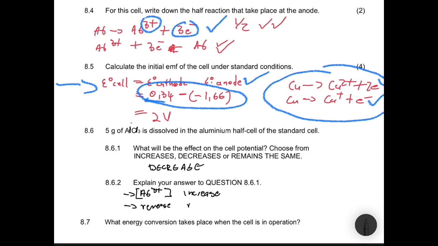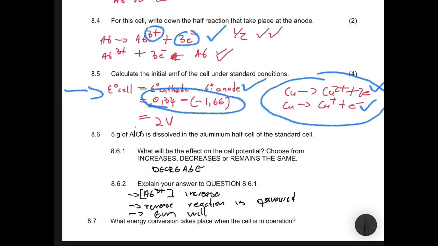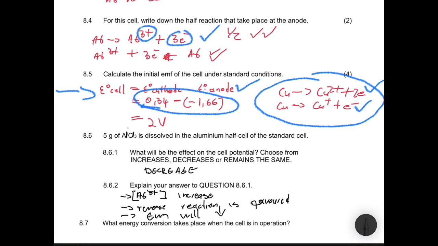So the reverse reaction is favored. Now what will happen when the reverse reaction is favored? The EMF will decrease. So yeah, we have EMF will decrease. Now we can move to 8.7.